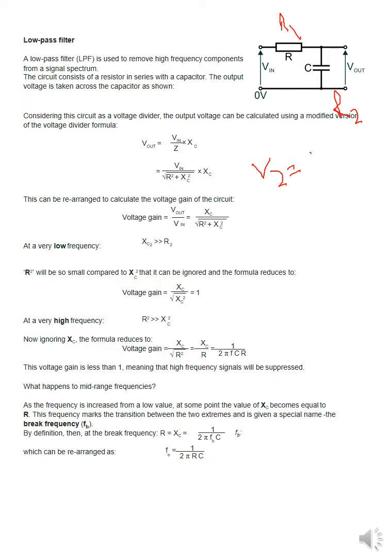So we can say V2 is the voltage across R2. So V2 will be R2 divided by R1 plus R2, times V in, if it is like that.